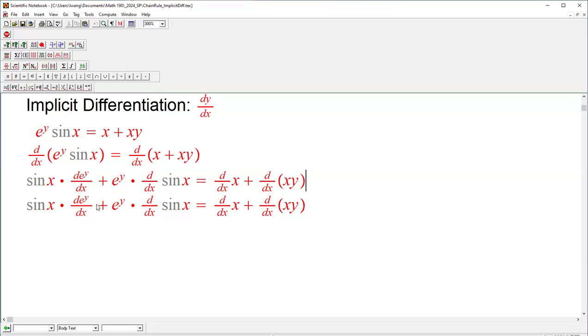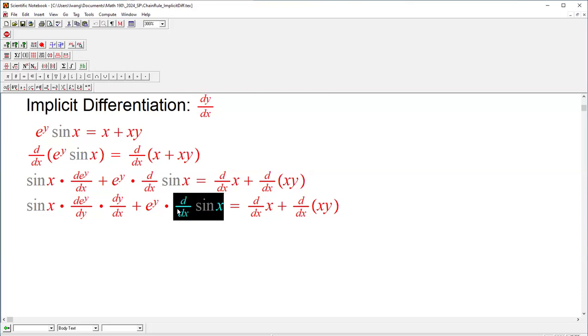So on this piece, we're going to apply chain rule. So dy and then dy dx. And that part, it is a cosine x. Okay, this piece is 1, and this piece is the product rule.